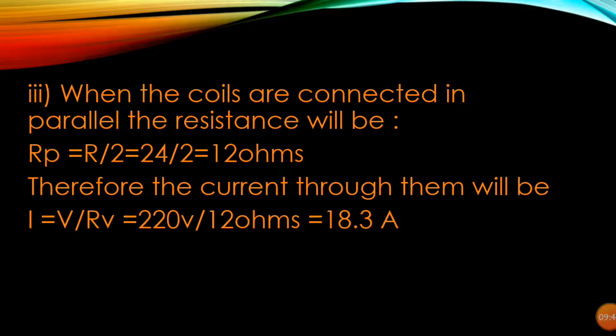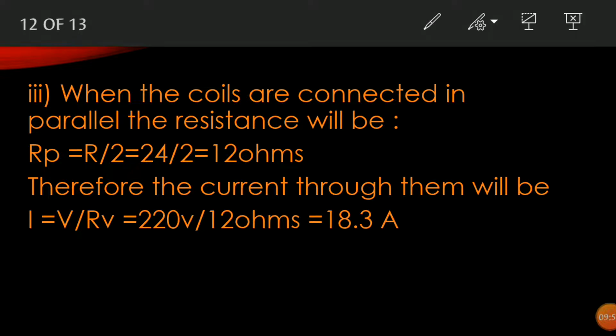And next, case number 3. When the coils are connected in parallel, what will be their current? First we have to calculate the total resistance. So the total resistance will be the resistance divided by 2. So 24 divided by 2, we get 12 ohms.